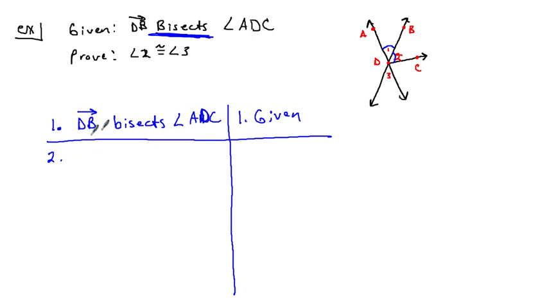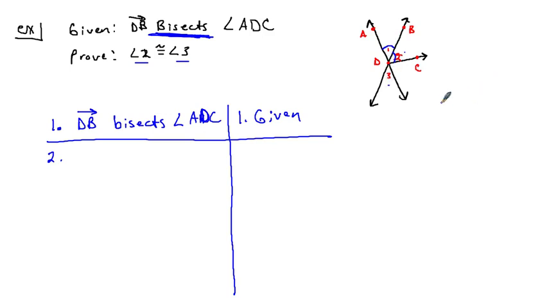Now, number 2, and remember, we're trying to get down to say angle 2 is congruent to angle 3. If we look at our picture, you can hopefully see that angle 1 and angle 3 are vertical angles. And they're congruent to each other because vertical angles are congruent.